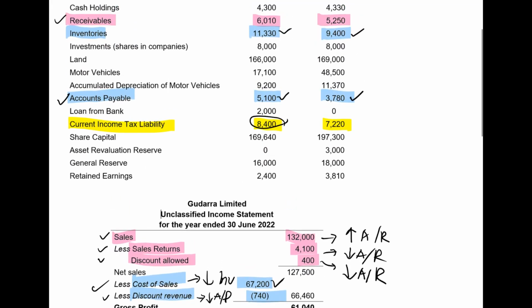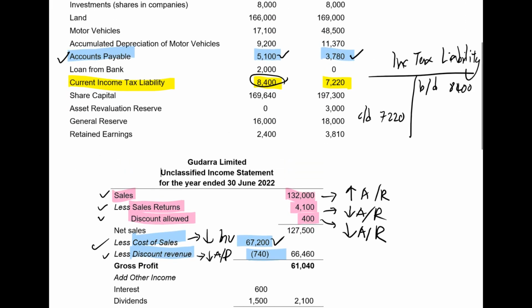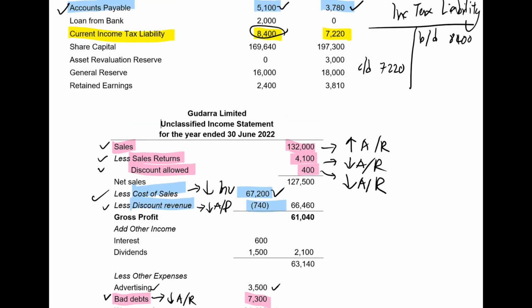If you want to reconstruct the account, you would have income tax liability over here. Opening balance is 8,400. Closing balance will be 7,220. Find out your income tax expense.